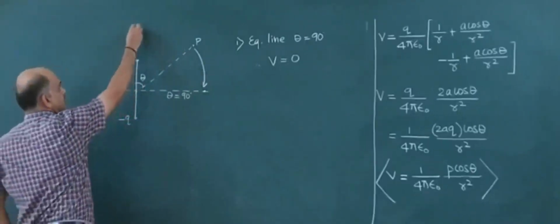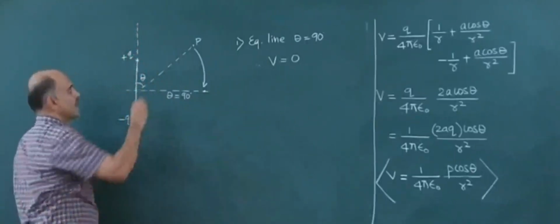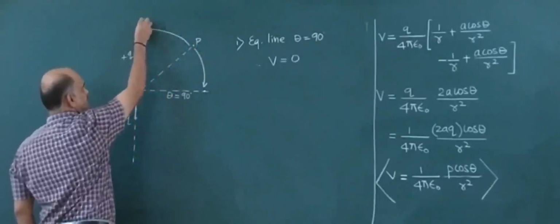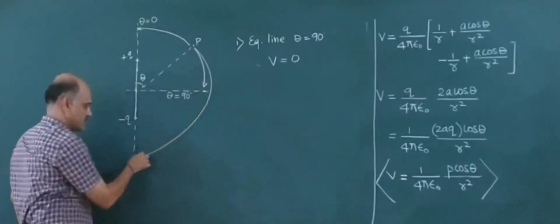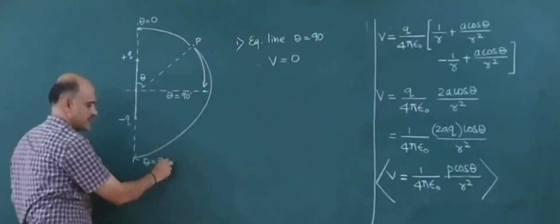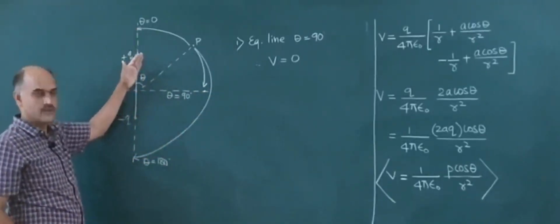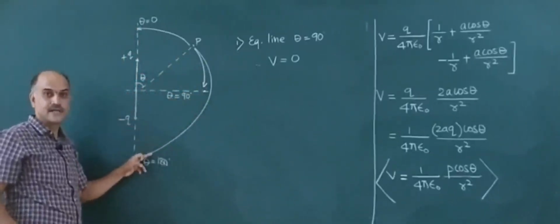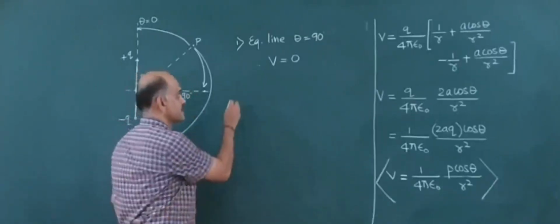Suppose a point P is on the axial line or on the axis. If P comes over here, theta becomes 0. If P comes over here on the axis, theta becomes 180. So cos 0 is 1, cos 180 is minus 1.